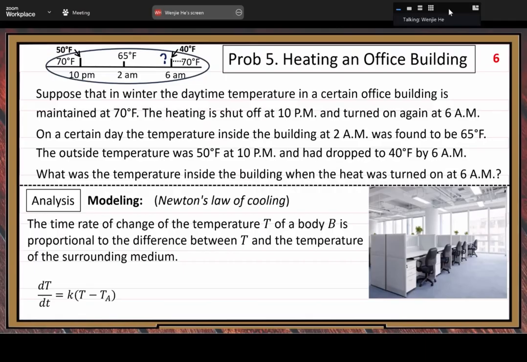But in Newton's law of cooling, that surrounding temperature is a constant. In Newton's original law, the surrounding temperature is constant. But in our current question, the surrounding temperature is 50 at 10 p.m. and 40 at 6 a.m. It's not constant.